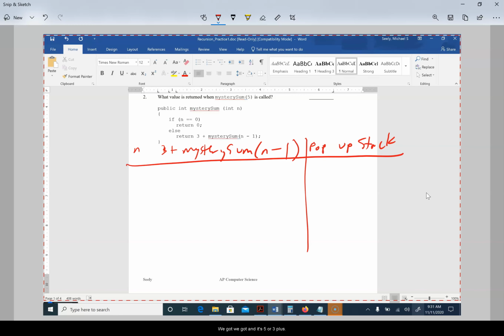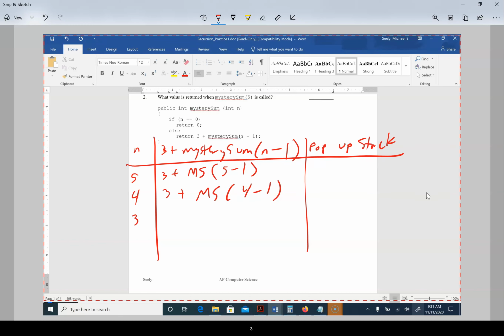Okay, so then we got n is 5, so 3 plus, I don't want to write out mystery sum, I'm going to just say ms, and then 5 minus 1 gives us 4. Okay, 4 is not equal to 0, so we got 3 plus ms 4 minus 1, which becomes 3.